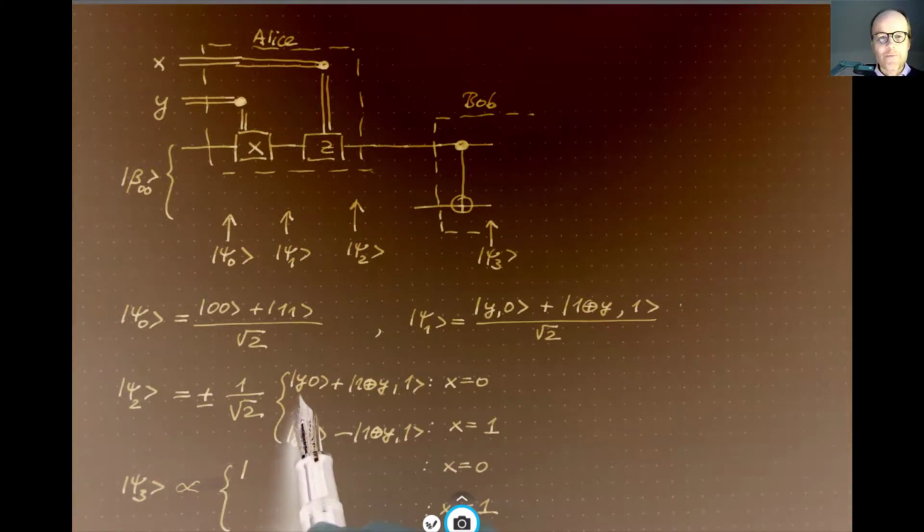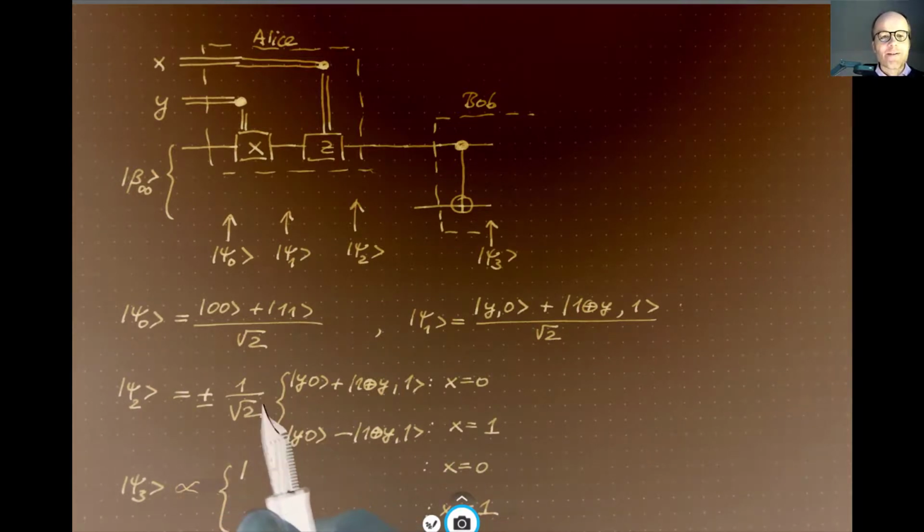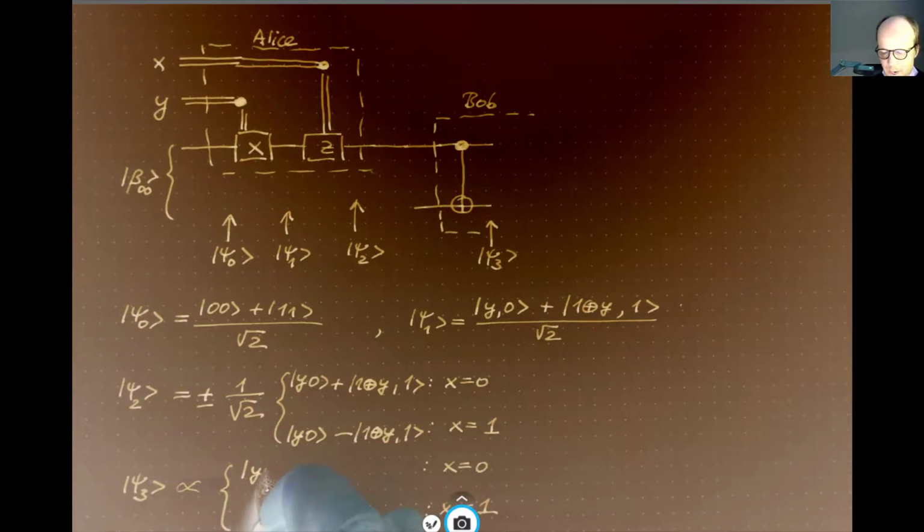And if the control qubit is in the basis state 0, then nothing happens. So 0, 0 remains 0, 0. If y is equal to 1, then the target qubit flips. So 1, 0 becomes 1, 1. And we can summarize this succinctly by writing yy. So y0 becomes yy.